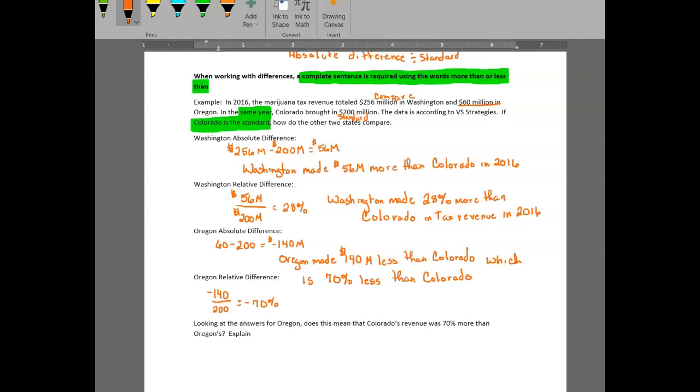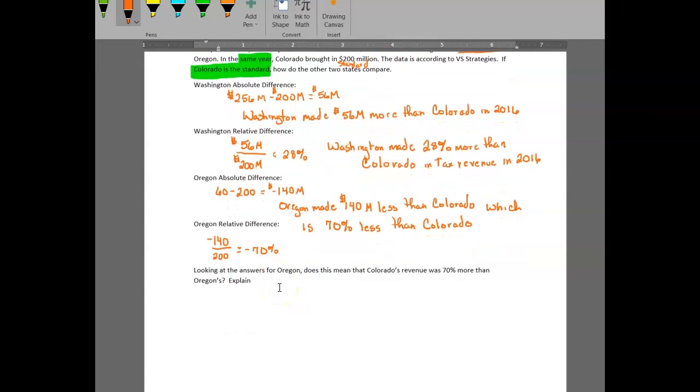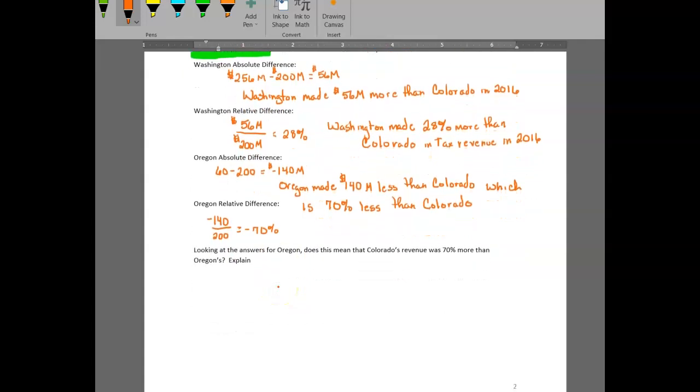So looking at the answers for Oregon, does this mean Colorado's revenue was 70% more than Oregon? So in other words, can I just flip the 70% and instead of having it negative, make it positive? Well, let's think about how this negative 70% came about.